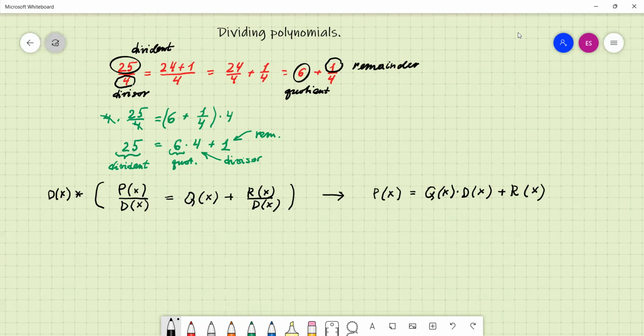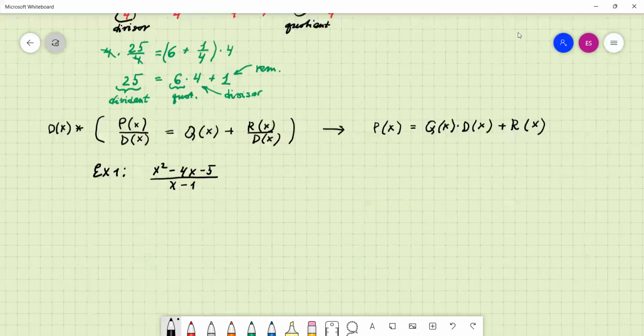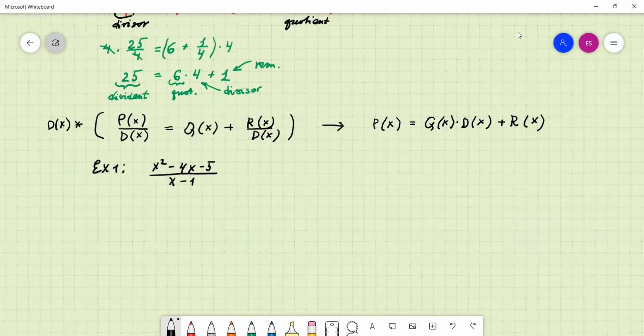Okay, now let's try to divide something. I'm going to start with division. The first example is going to be the division of x squared minus 4x minus 5 over x minus 1. Well, what I'm going to do, guys, I'm going to write it down like we usually do with numbers.